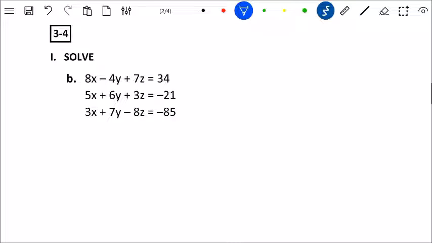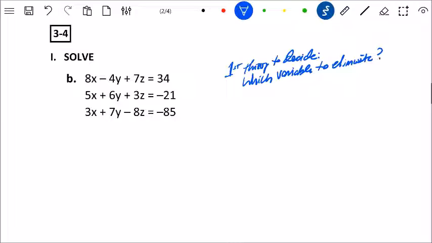And I'll actually put that as really the first thing to do: first thing to decide, which variable to eliminate. So in this case, I'm going to choose to eliminate the y's. I could choose any one of them, but both that one and the z's look relatively easy to do.